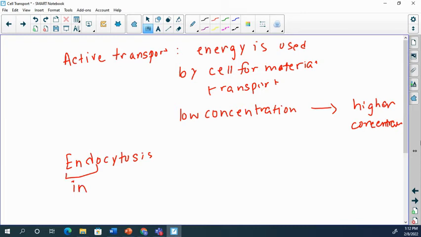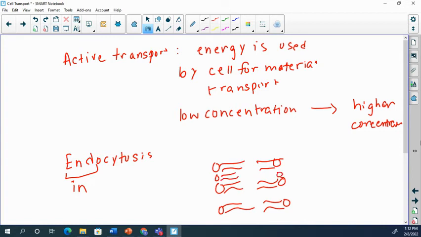Okay. So you have your cell membrane again. And then the molecules that need to be transported from one location to another are going to fuse with the membrane.